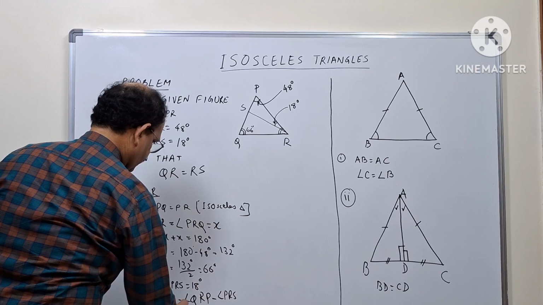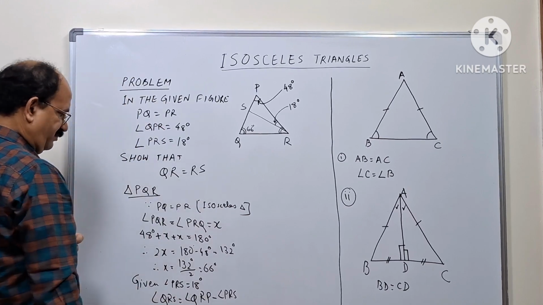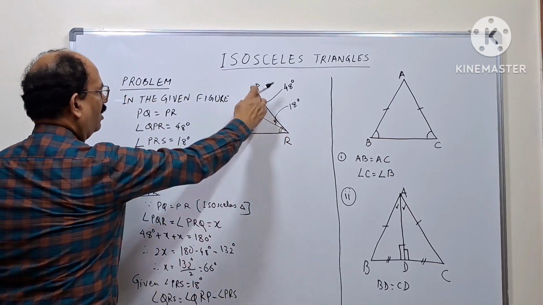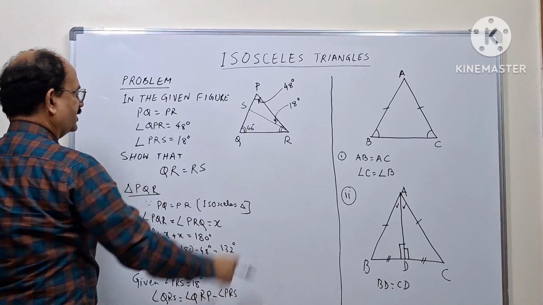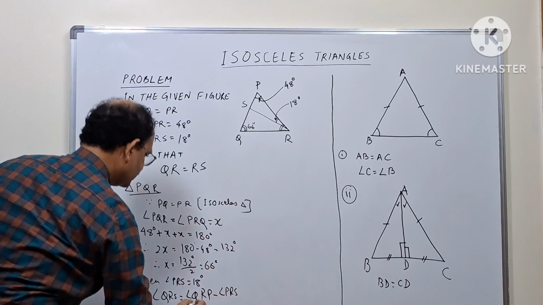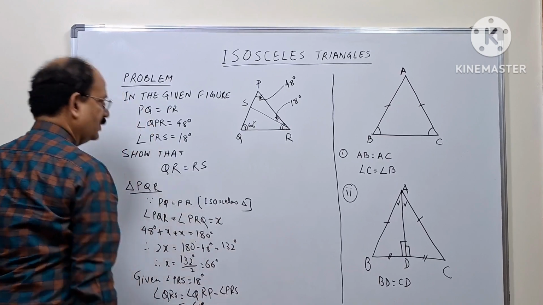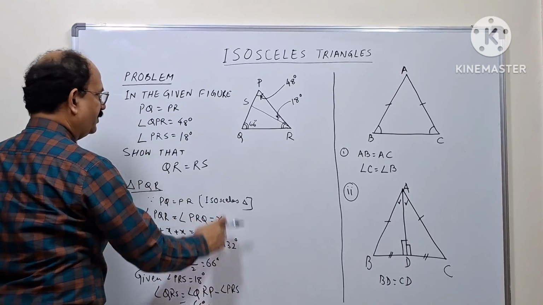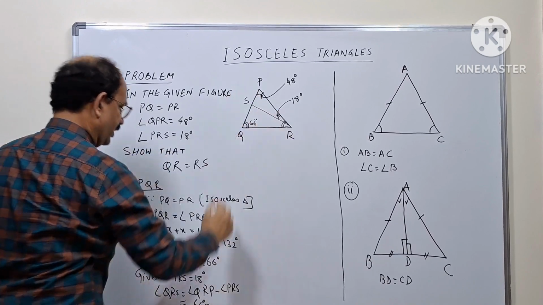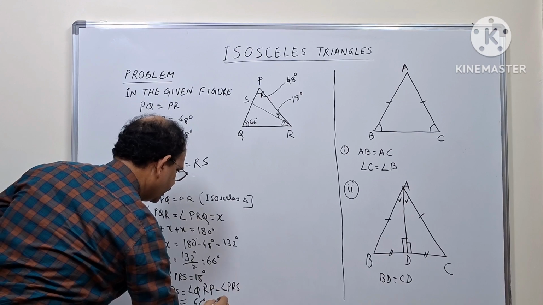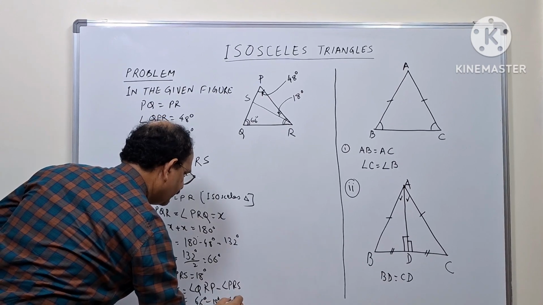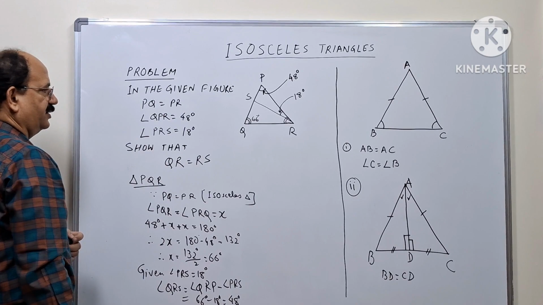So then angle QRP, which is equal to X, so that is 66 degrees, minus angle PRS, which is 18 degrees. So this becomes 48 degrees, right?